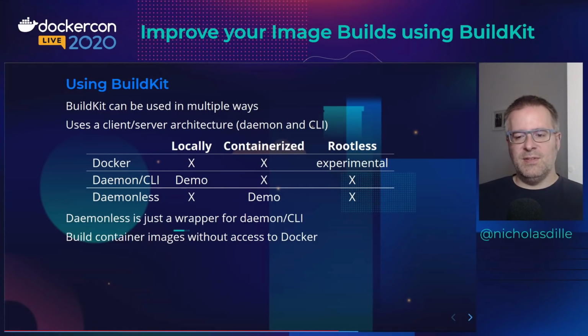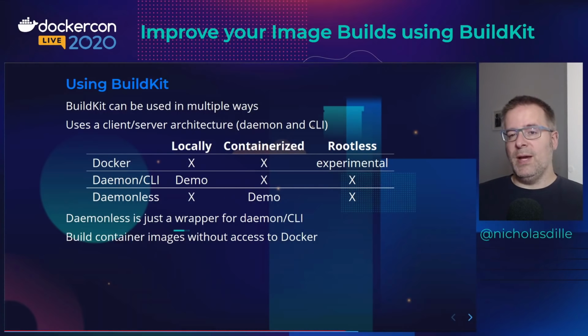I'll not dive deeper into Docker in Docker because it has security implications, and I actually want to show you options with BuildKit instead of discussing security concerns. There's also something rather new in the third column, which is called rootless, which is a way of executing container builds without a privileged container.